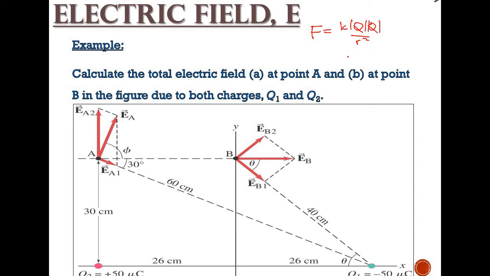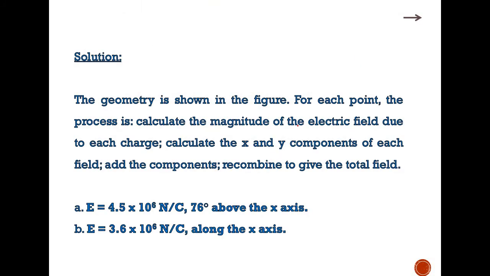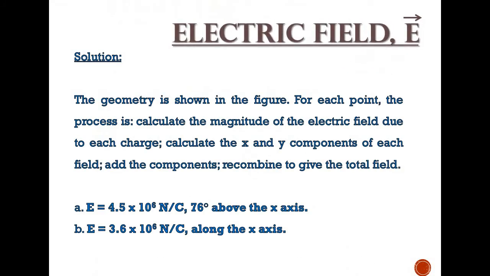But for the electric field, the formula is E equals kQ over r squared. There is only one Q. Please try this question, and you can ask the lecturer if you don't obtain the answer. This is the answer for A and B.